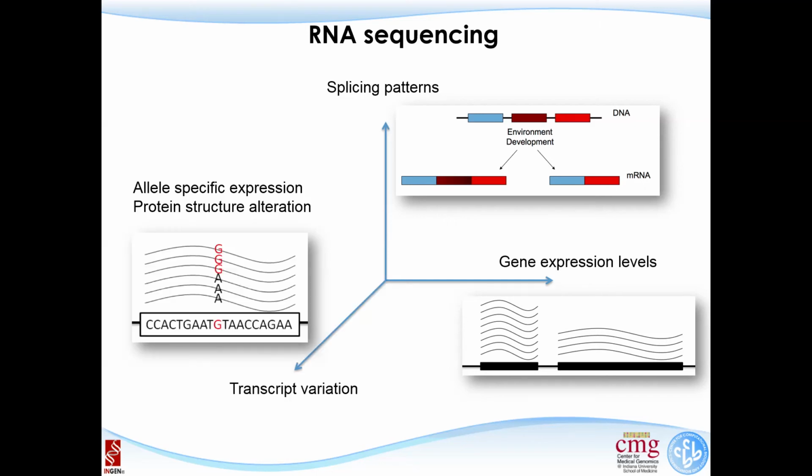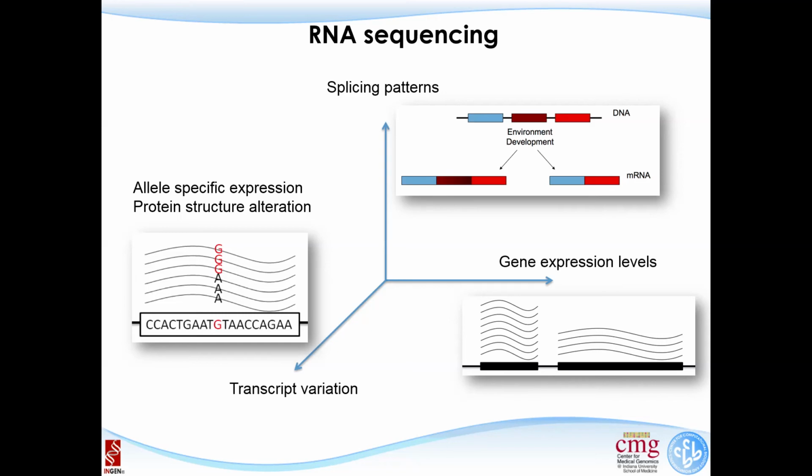The third level is, in addition to the expression level and splicing variance, because we are sequencing the RNA molecule, it's not only counting how many reads there are. Now we also know the sequences of those RNA molecules. In this case, the reference genome is G, and the RNA being transcribed is half G and half A, so this is a heterozygous variance at this particular location.